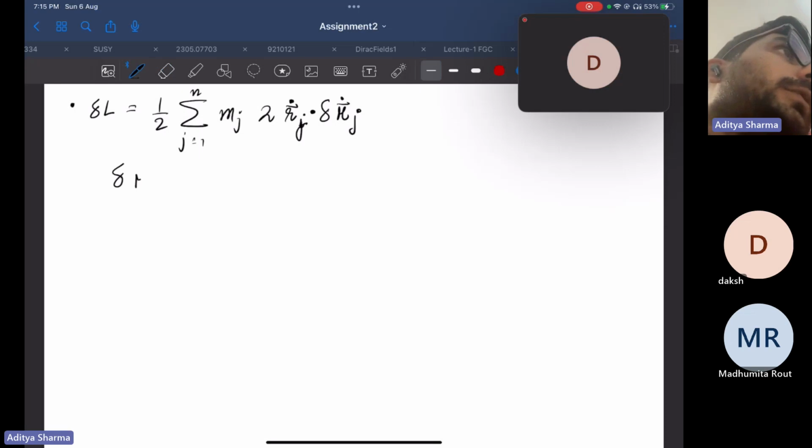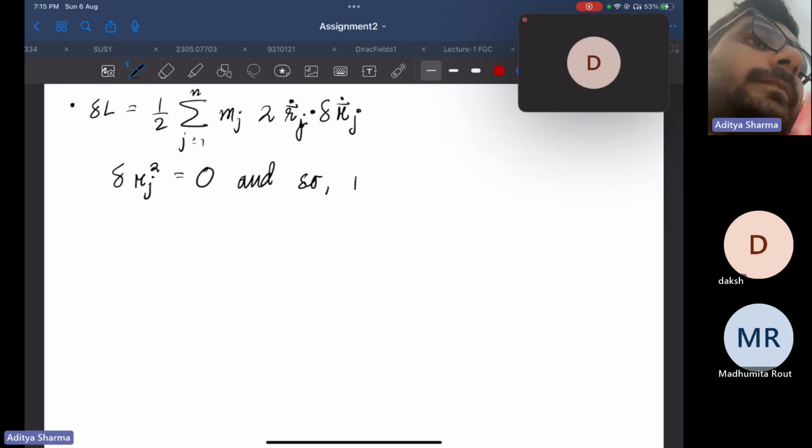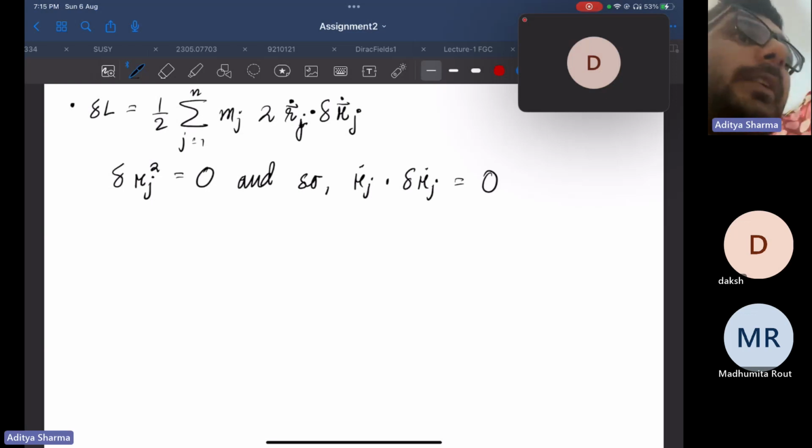Now you know Rj square is 0, and so delta is also 0, so the kinetic part does not change.